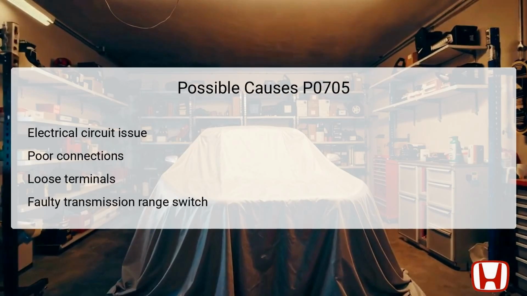Several factors can cause DTC P0705. The most common is an electrical circuit issue, as the diagnostics specifically indicate that no mechanical faults lead to this trouble code. Poor connections in the wiring or loose electrical terminals between the range switch and the PCM can disrupt the signals necessary for proper transmission operation.